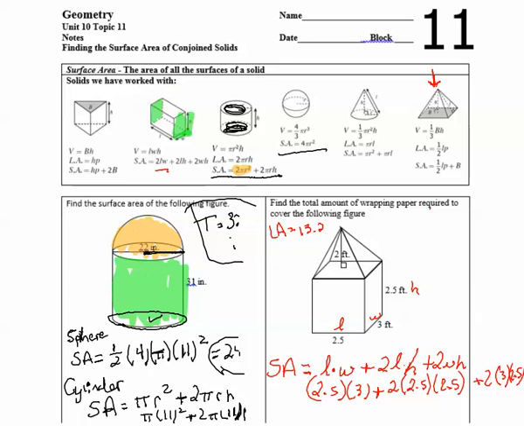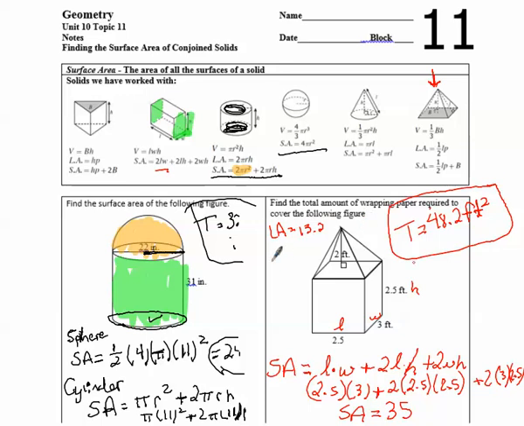We're running out of room. That's a 2.5. Do all that in your calculator, and you should come up with 35. So my total is going to be my 13.2 plus my 35. What does that give me? 35 plus 13.2 is 48.2 feet squared.